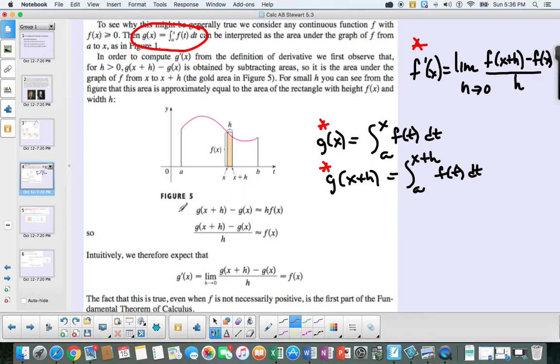So we're going to subtract the two area accumulating functions, and that's going to be this area right here, which is approximately a rectangle, and the height will be f of x and the width will be h. If I isolate f of x, it looks very much like the average rate of change. So the derivative is going to be the limit of this difference quotient, and this is going to represent f of x.